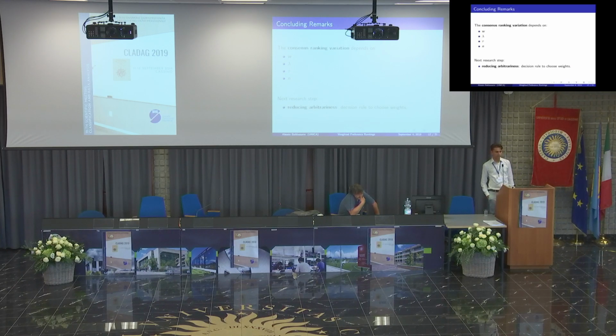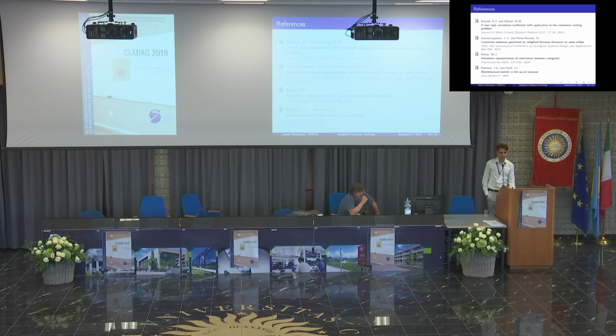And obviously, the main limitation of such an approach is that every judge could express his preferences using different weights for different positions. So our next research steps are aimed at reducing this arbitrariness. And that's all. Thank you.